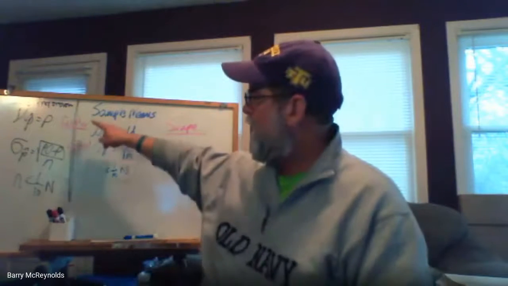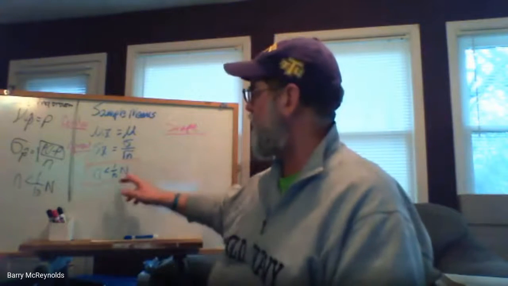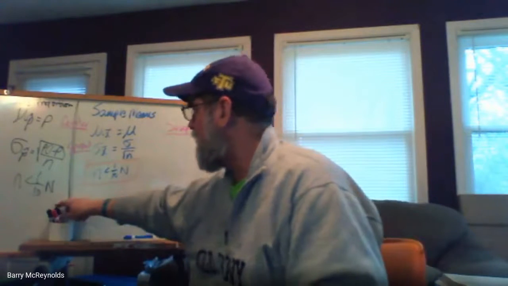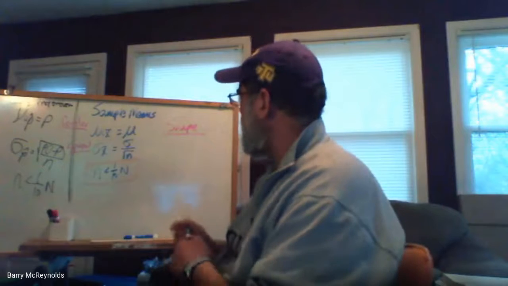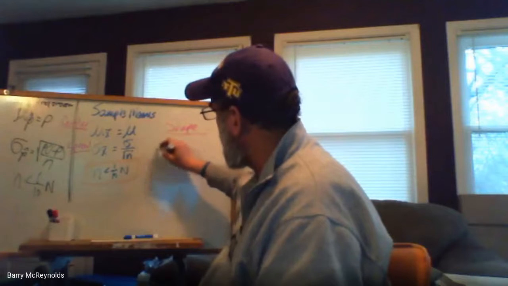So we've got the mean, we've got the standard deviation, so that's the center and the spread. Now we want to talk about the shape. So the shape is pretty straightforward as long as the 10% condition is met, and if the population is normally distributed.